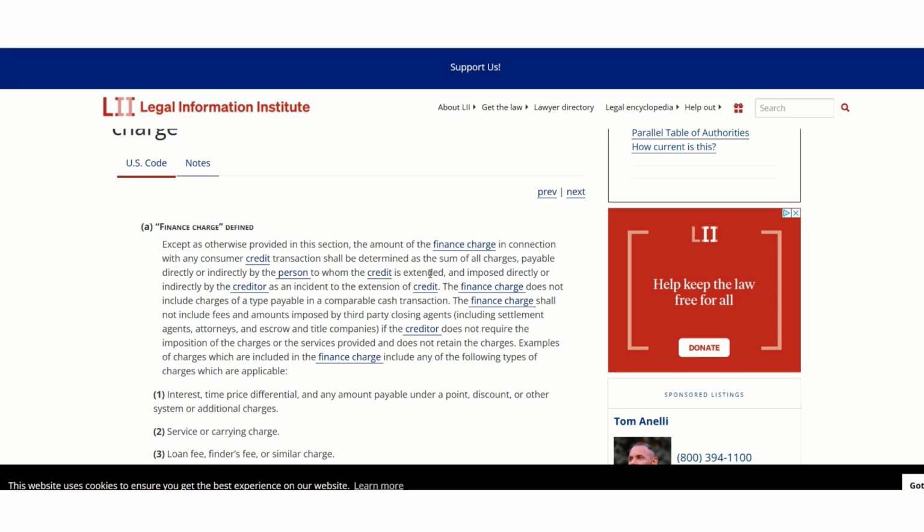right? So it's payable, which means you're supposed to pay directly or indirectly. All right, now I got that part probably wrong. Which is payable directly or indirectly by the person to whom the credit is extended. All right. So that means you're supposed to pay.